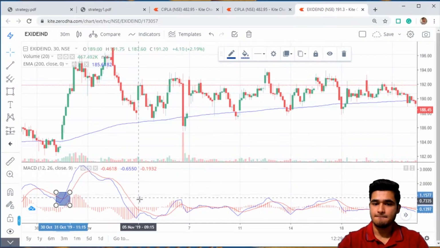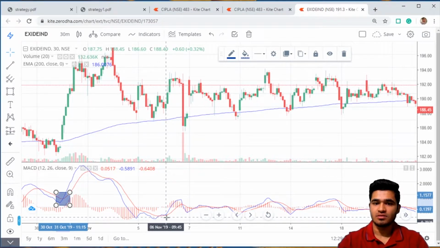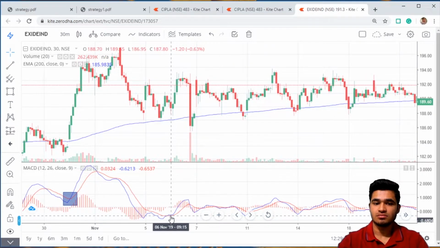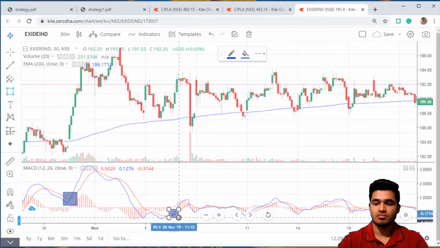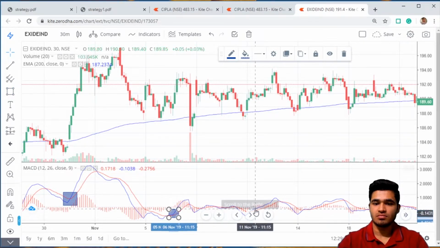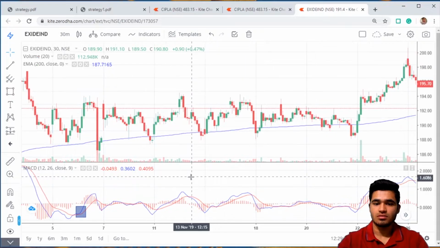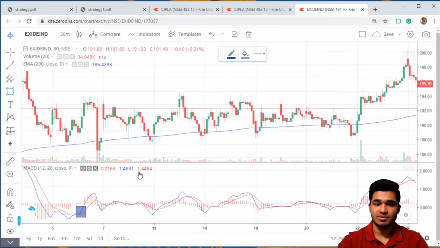Then this is one more buy signal. This would be another buy signal.